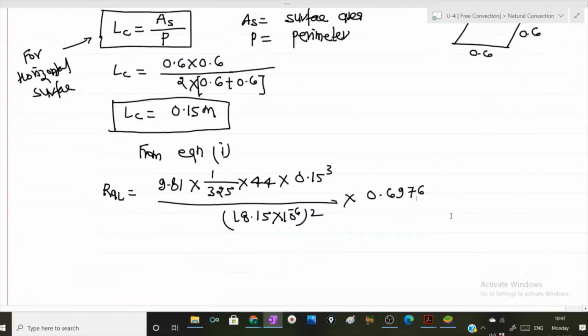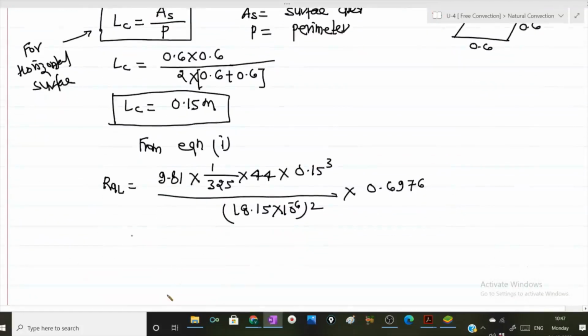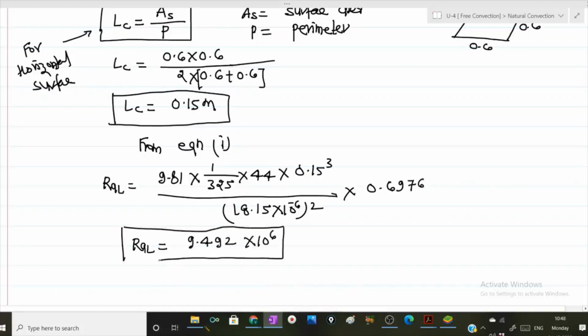So the value RaL comes out 9.492 into 10 to power 6, less than 10 to power 9. Flow is laminar.